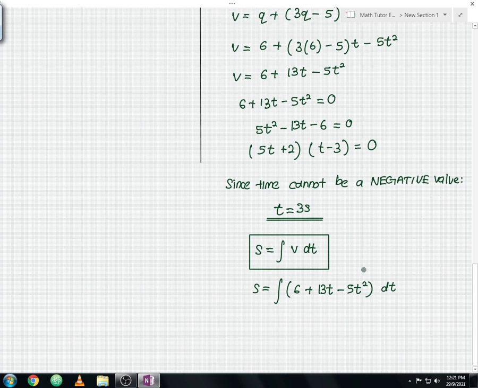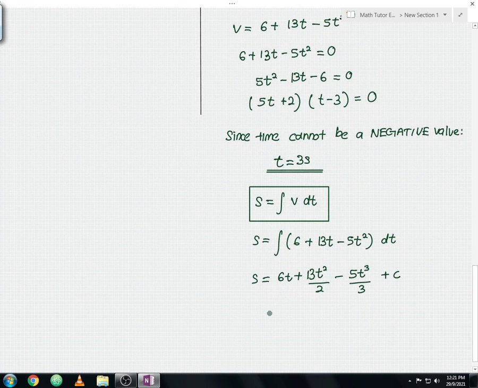Okay, so you perform the integration. So from here you get your displacement s is equal to 6t plus 13 t squared over 2 minus 5 t cubed over 3 plus c.